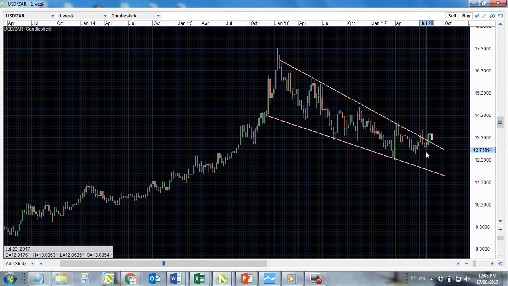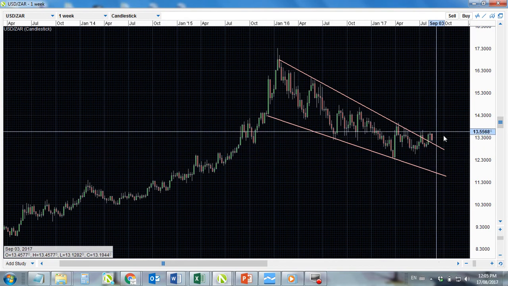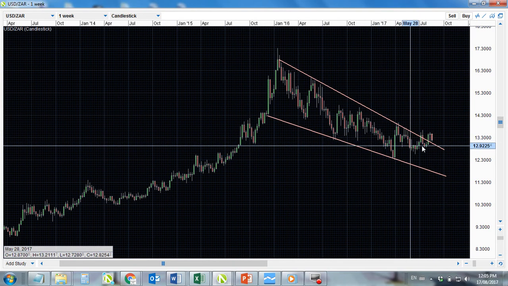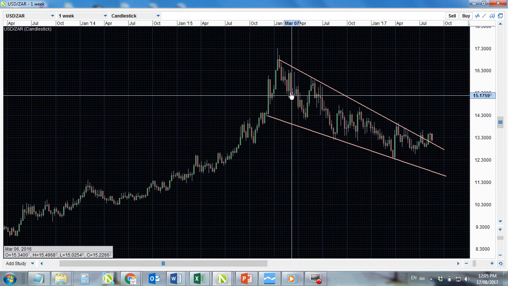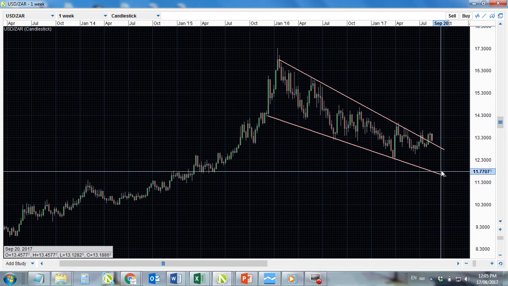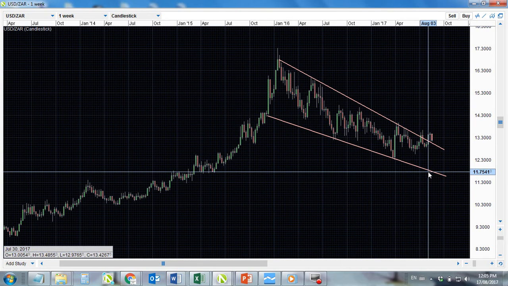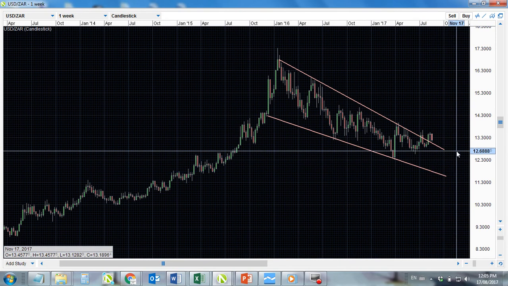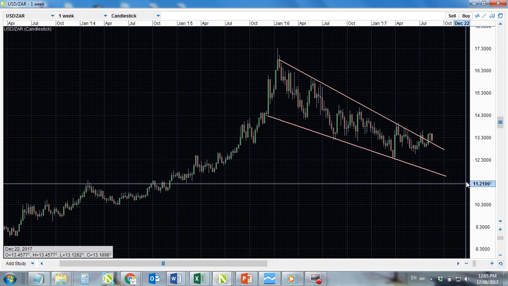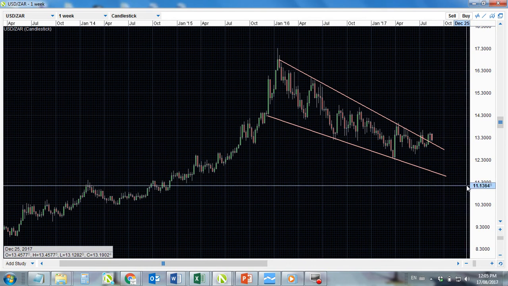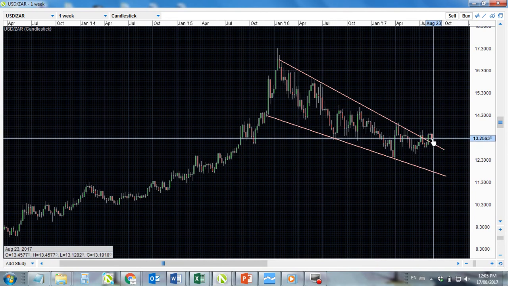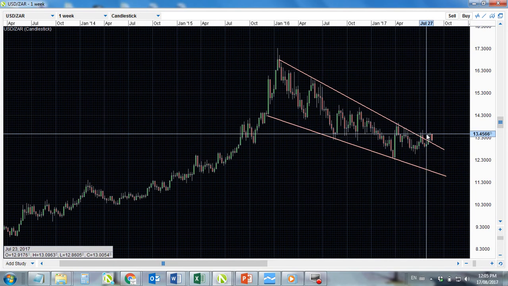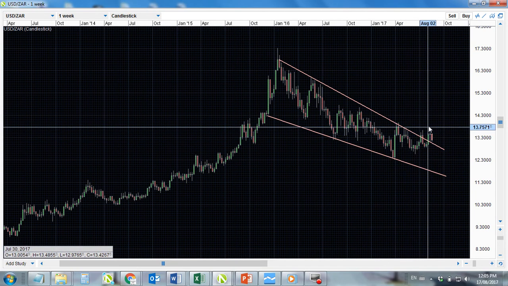At three quarters of the apex you expect a breakout. To be honest, I did expect this pattern to continue down to around 11 Rand 75, back up to 12 Rand 60, and then potentially 11 Rand. But in the last few weeks it has actually broken out above the wedge pattern.